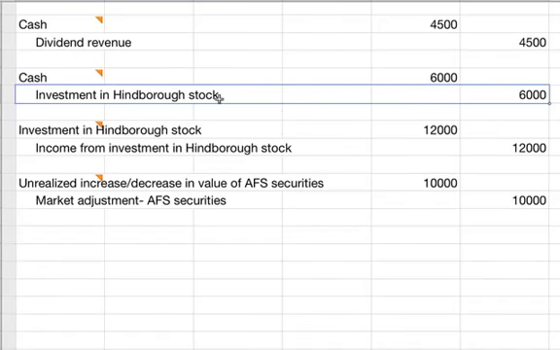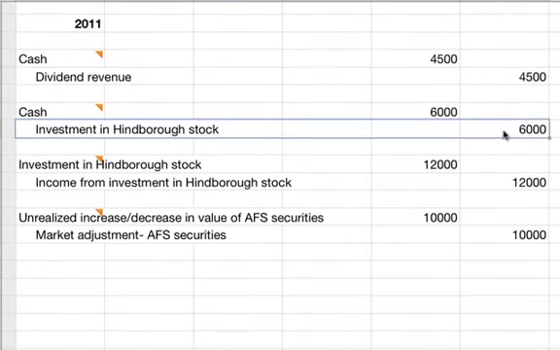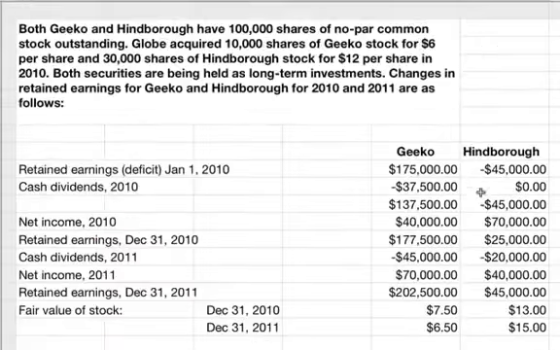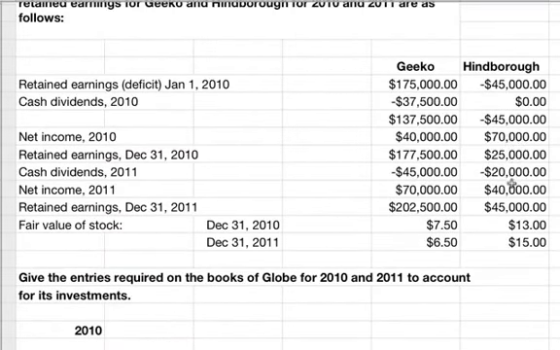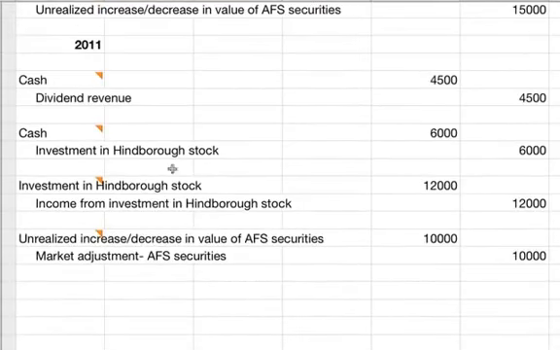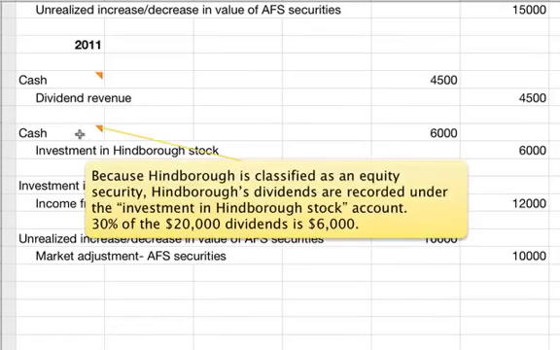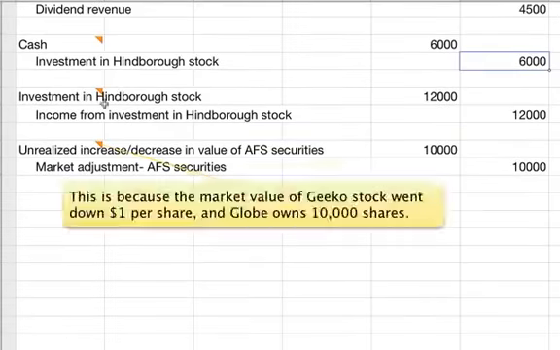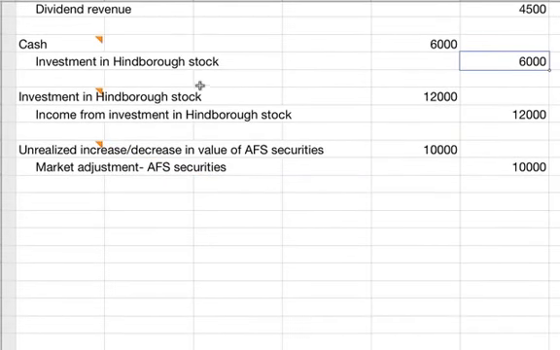As dividends are paid out, part of its investment goes away, instead of gaining it like it does for the available for sale security. So for the cash dividends of $20,000, they take their 30% of that, and they're crediting it to their investment in Hinbro stock.